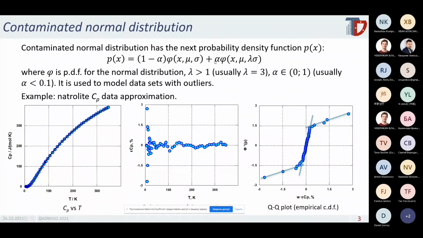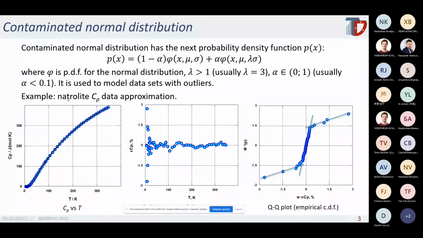But the second part is another normal distribution that has much higher variance. This distribution has two parameters, lambda and alpha. Alpha means the fraction of contamination, and lambda means the relative standard deviation of this contamination. It is useful to model data sets with outliers.